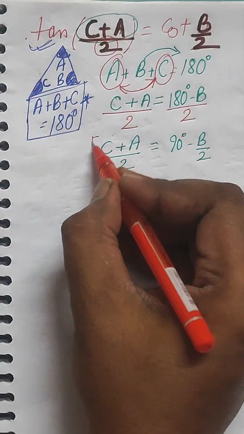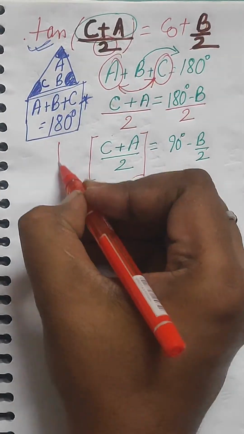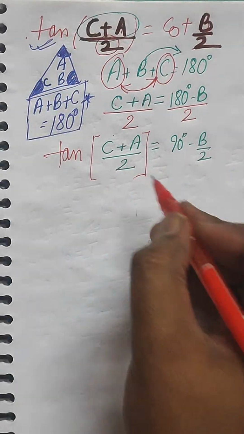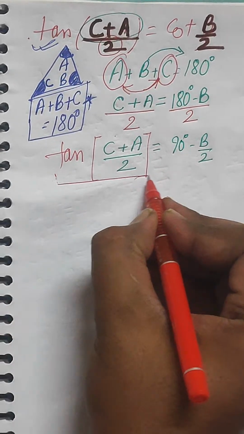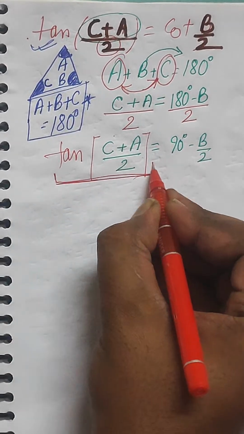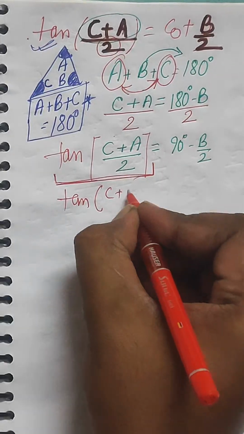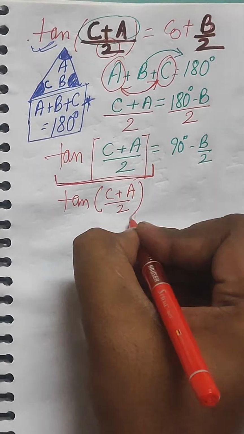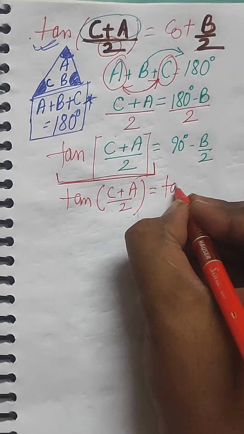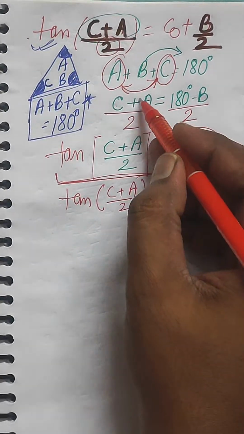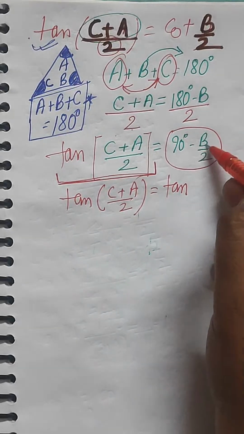Now just take the LHS. When you apply tangent to the LHS, this will be like this: tan of (c plus a) by 2. Can't it be written as tan of (90 minus b by 2), because (c plus a) by 2 is 90 minus b by 2?